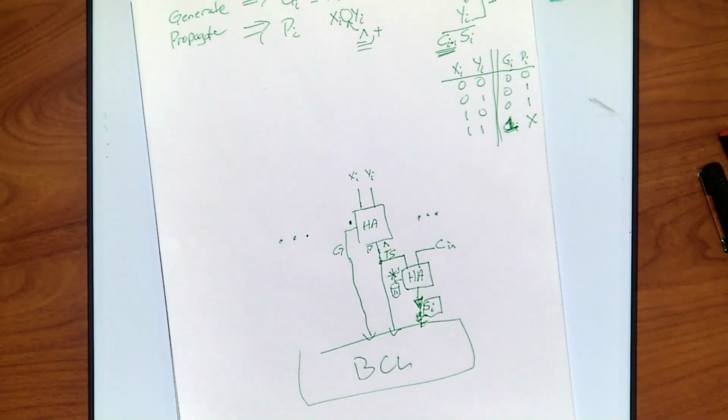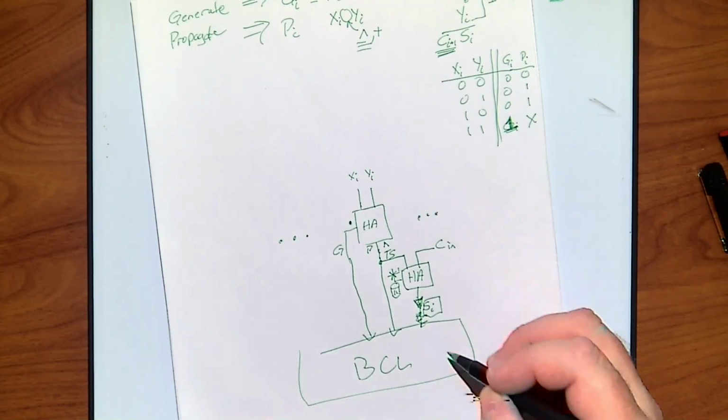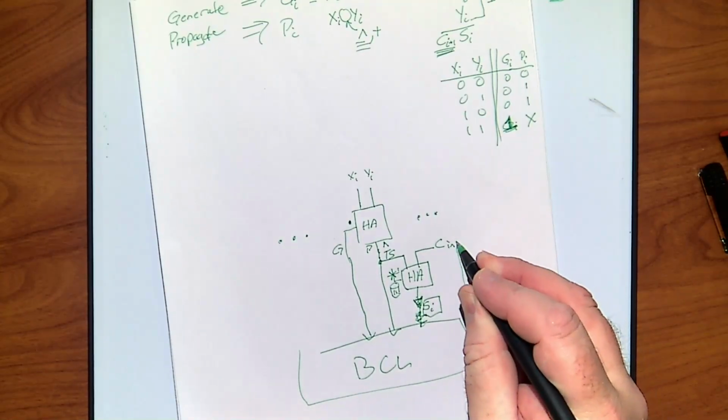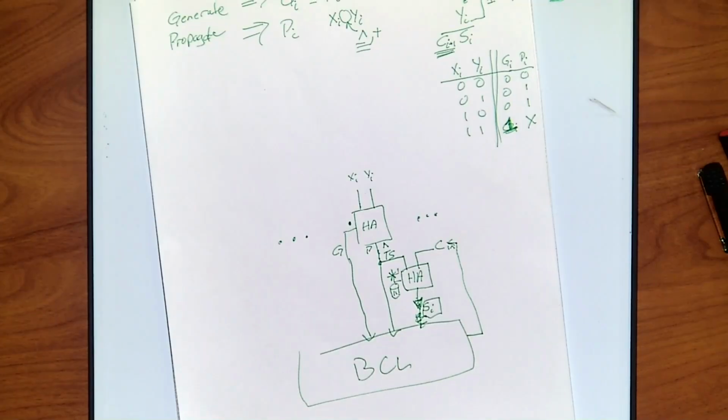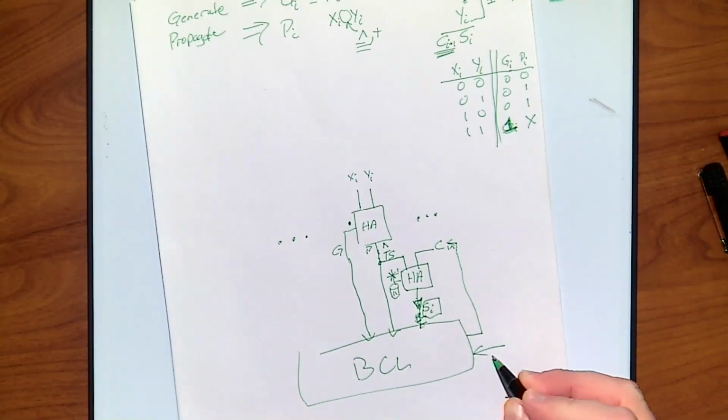So it's just trying to get what's in that box. Does it make sense what we're doing here? And then this block carry look ahead is going to generate all of these carries for me. And you need to know that carry in for the overall system.